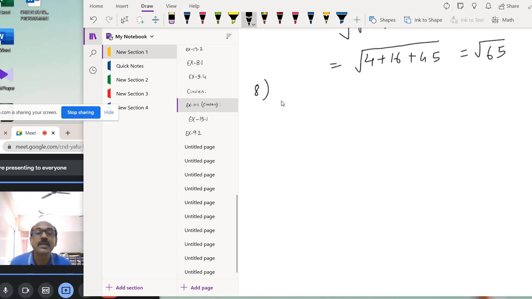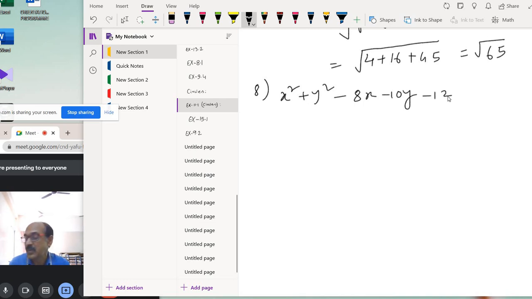X square plus y square minus 8x minus 10y minus 12. So it is plus 10y.